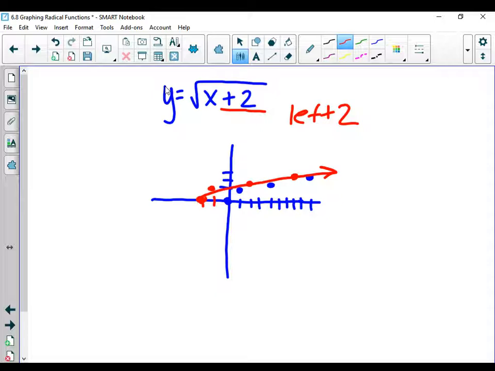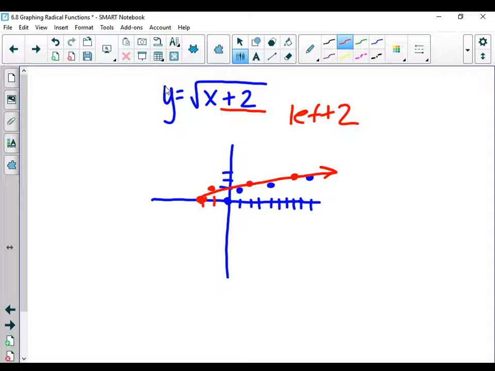How would we handle a vertical stretch and compression? What would that change, your x or your y? Your y. If you're vertically stretching or vertically compressing something, that's dealing with your y values.